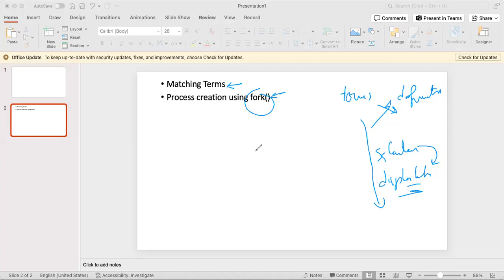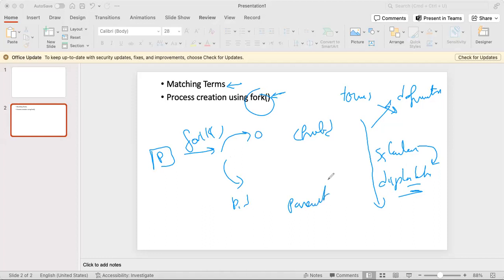So try to review the idea that we have a parent process that has the ability to fork to create a child process, and then the fork system call will return 0 to the child process and the PID of the child to the parent process, right?